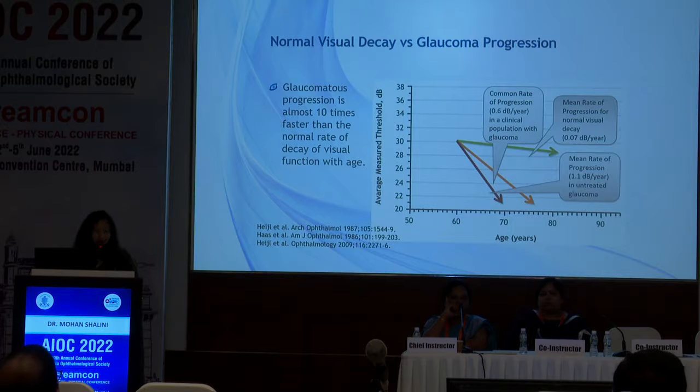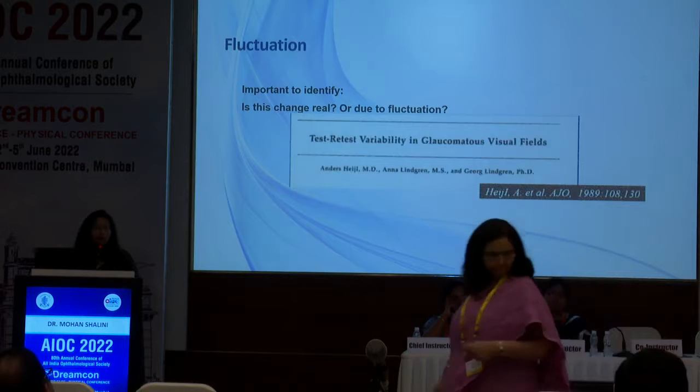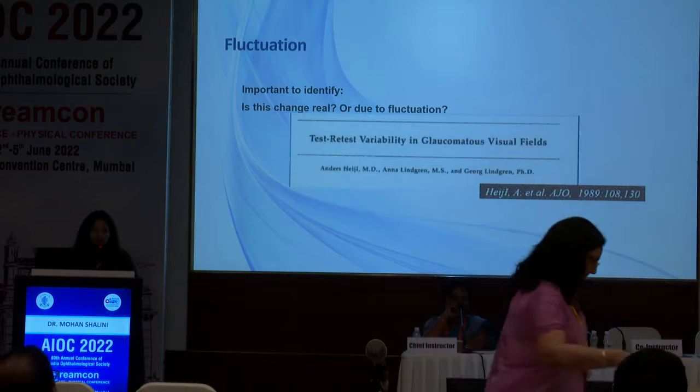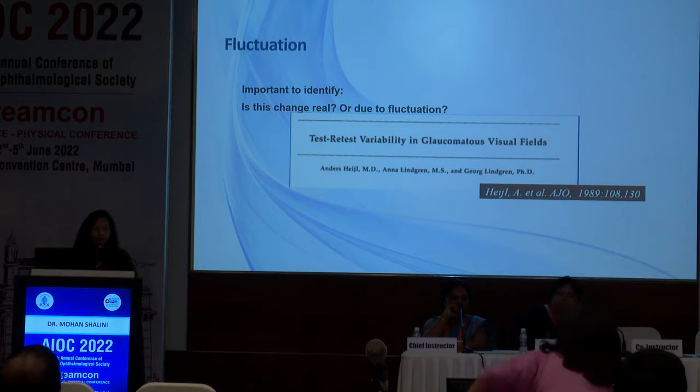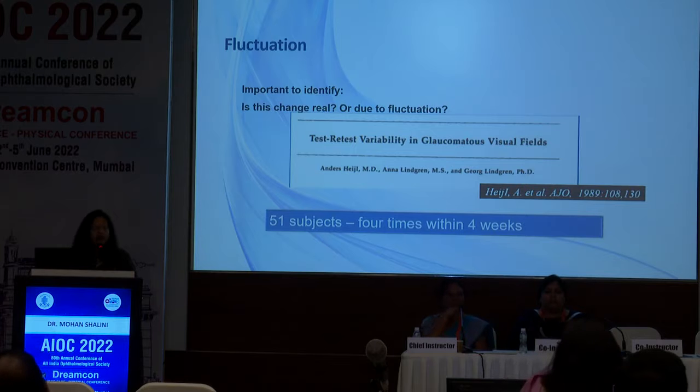Another important factor is fluctuation. There can be short-term fluctuation, long-term fluctuation, and also test-retest variability, which needs to be considered whenever we are doing visual fields for our patients. This was a study done on 51 subjects in which a visual field was done every week for 4 weeks.